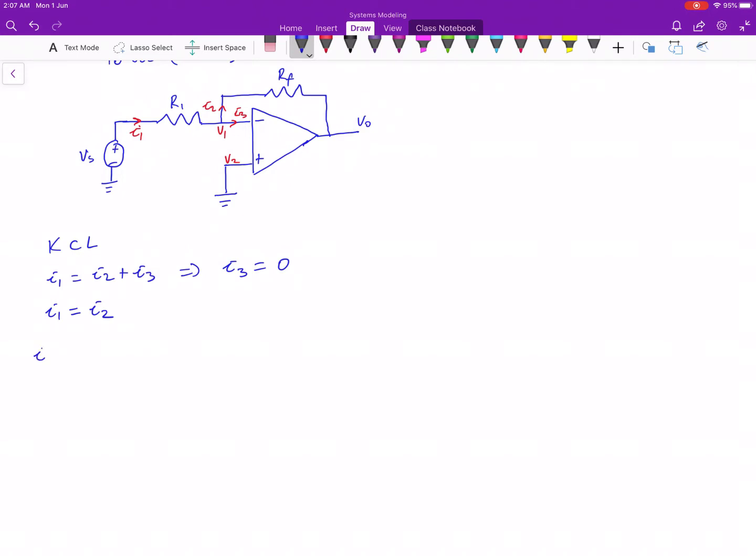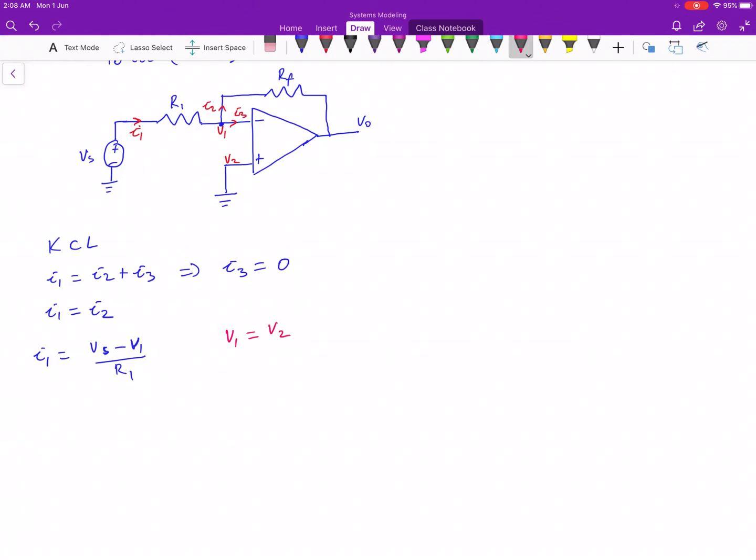So we can say that I1 is equal to Vs, that's our supply voltage, minus V1 at that junction over R1. We have already said that V1 is equal to V2.